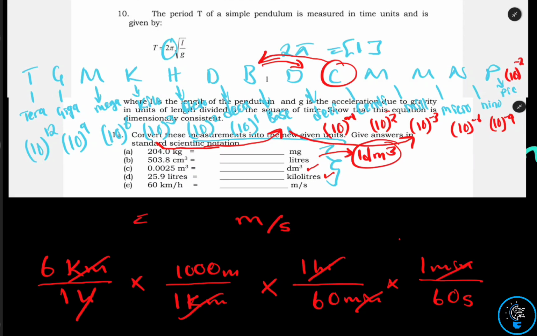So now just a matter of you punching it into your calculator. So you're saying 60 has to be multiplied by 1,000, then divided by 60, and again divided by 60. So when you do that, you need to get, okay, let me do it again. We are saying 60 has to be multiplied by 1,000.